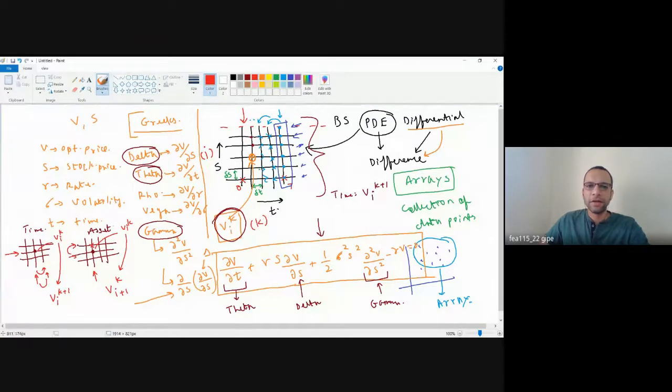That is, I is an iterator along my asset axis, which is S, and k is the iterator along my time axis, small t. So that is how my representations would change. Does this look okay?